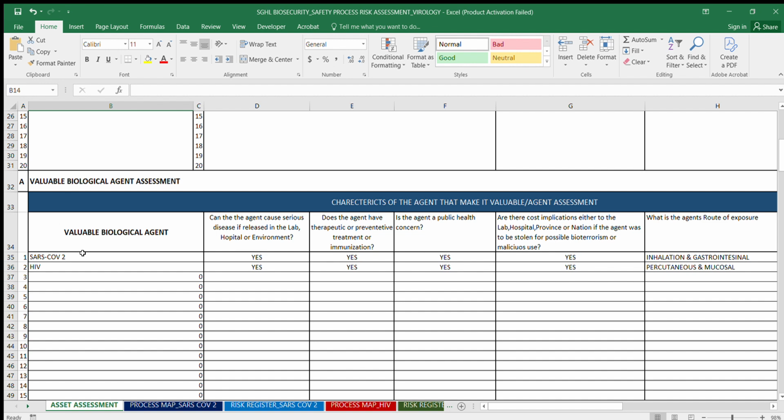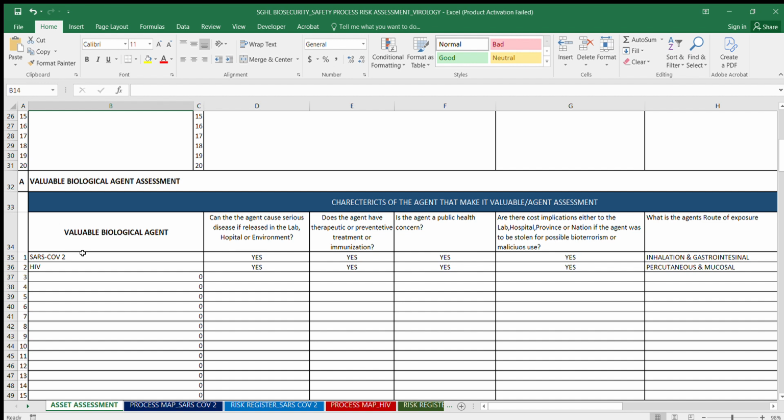So if something has more virulence, maybe more transmissibility, it affects a lot more people, most likely that particular biological agent will be considered more valuable, and therefore it will be an asset that someone might want to come and get and release, either to harm people or for financial benefit and the like.